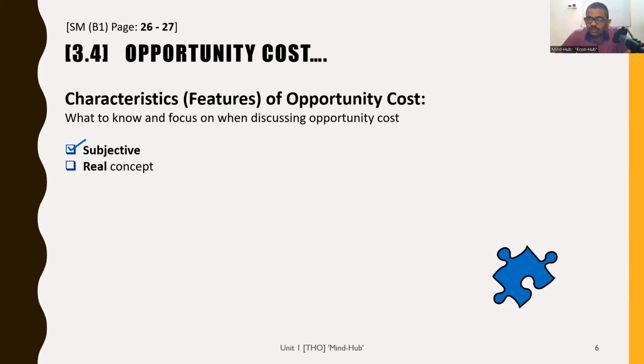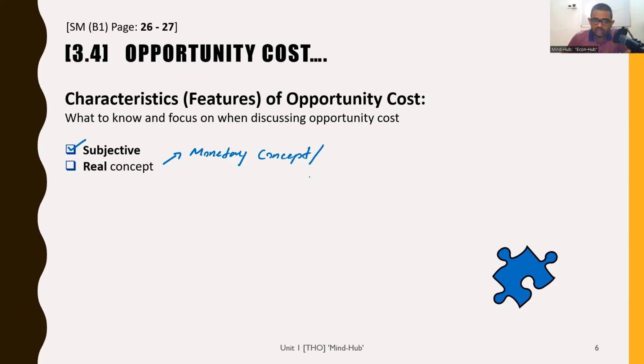If someone responds that way, then that person is saying that opportunity cost is a monetary concept.